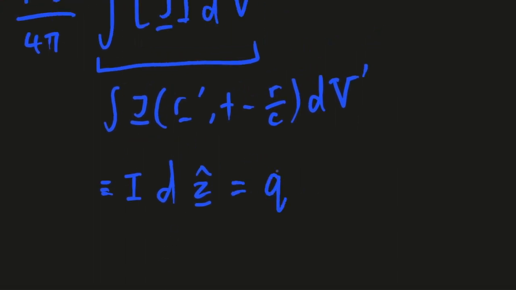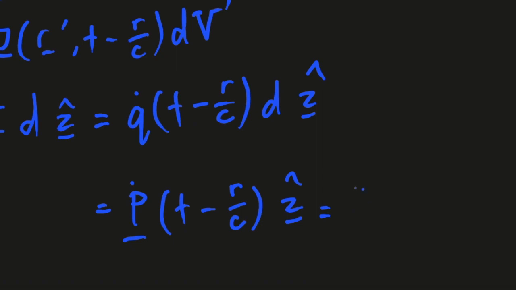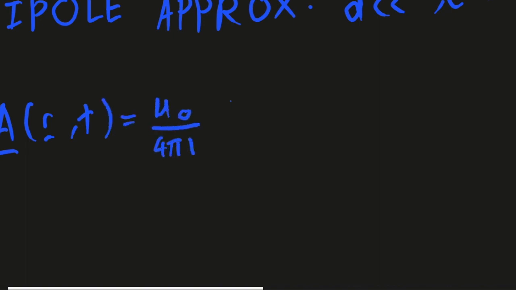This is equivalent to q dot (t minus r over c) dz hat. It's equal to p dot, the rate of change of the dipole moment, z hat, and we just say that this is the retarded dipole moment. So our final result is that A is mu naught over 4 pi r times p dot.